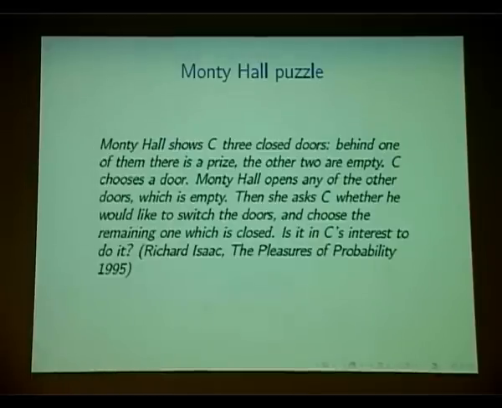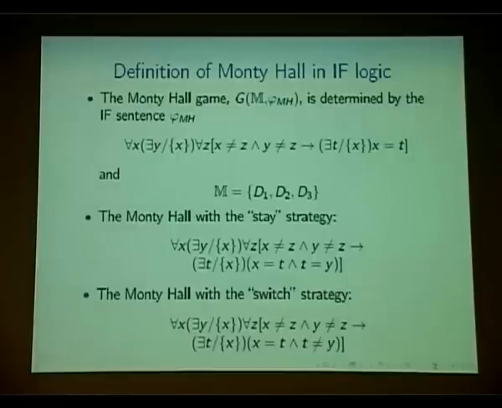So you express this in IF logic in the first formula there. For all x, you have to think of that as for all doors, there is a choice, there is a guess, the existential quantifier does without seeing x. So that for all doors that Monty Hall opens later, if that door is independent of the door with the prize, and the door chosen by the existential player, by the contestant, is also distinct from the door opened by Monty Hall, then the existential player has one final choice to make.